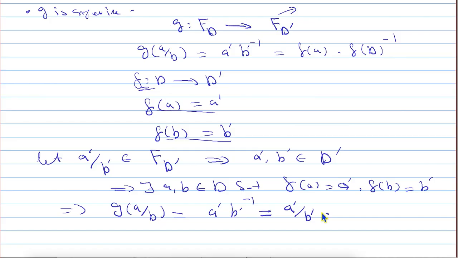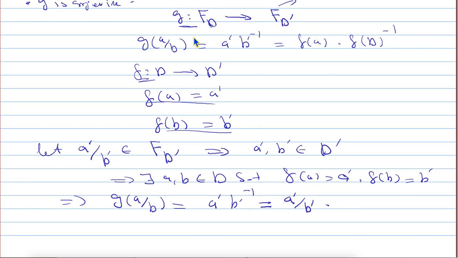Therefore, G is surjective, and this completes the proof that G is an isomorphism from F sub D to F sub D prime such that G extends f. So f equals G restricted to D.